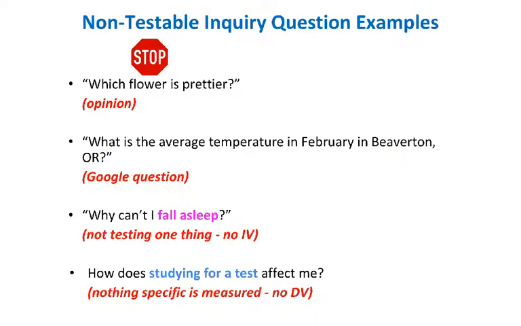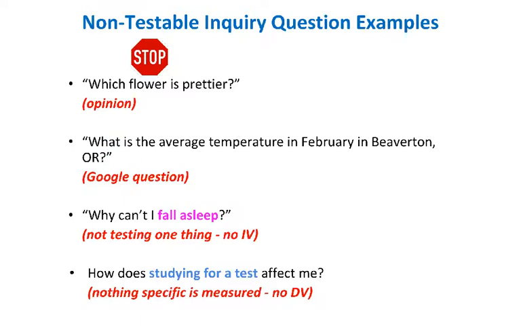What is the average temperature in February in Beaverton, Oregon? This is not a good testable question because it's a Google question. This is really easy to look up on the internet. You just get on Google, average February temperature for Beaverton, right? Someone has already done a study looking at this. This has already been posted on the internet. It's not a good experiment, right? And you don't really have to do an experiment to test this question, right?